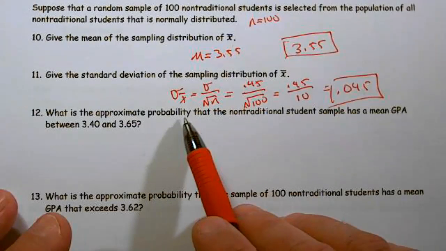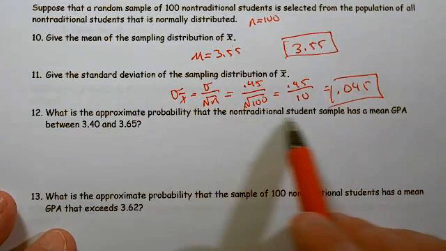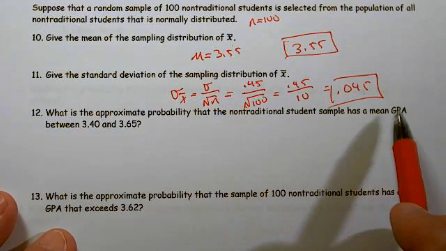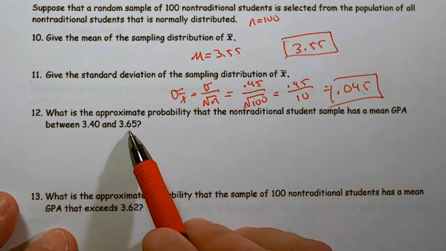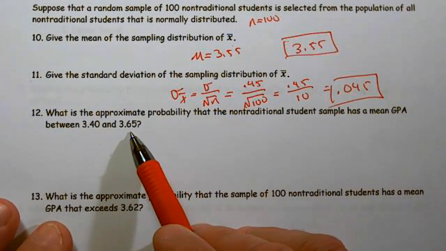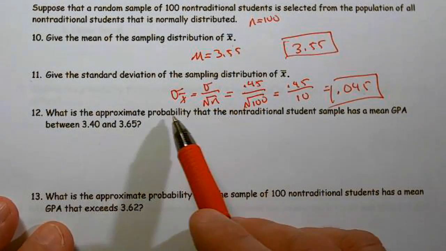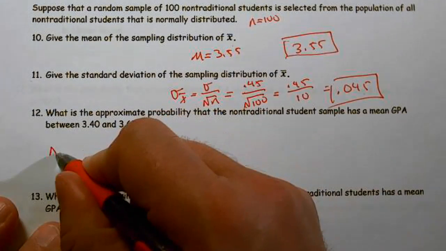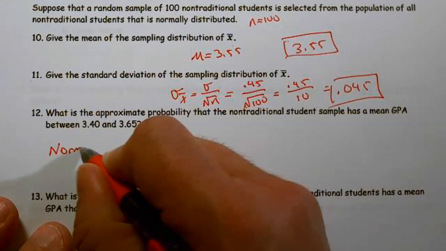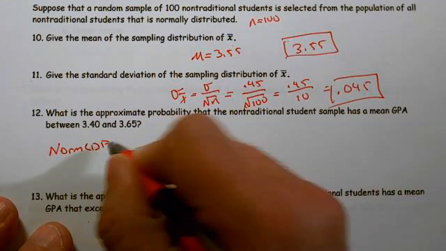What is the approximate probability that the non-traditional student has a mean GPA of between 3.4 and 3.65? First off, they asked for a percent, so I'm probably going to look at a norm CDF.